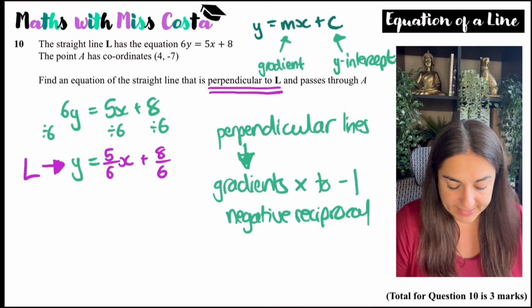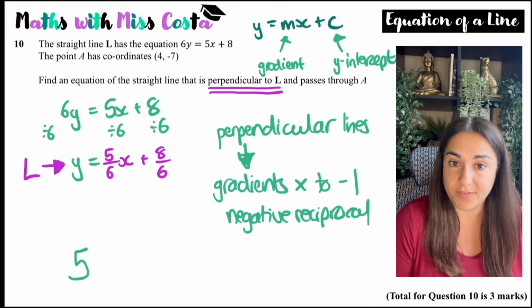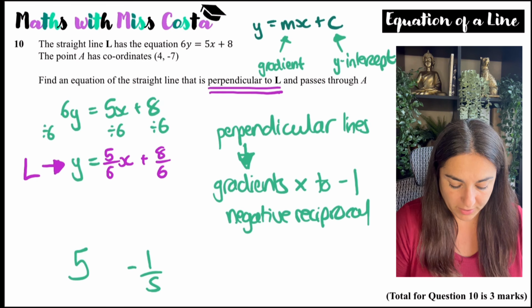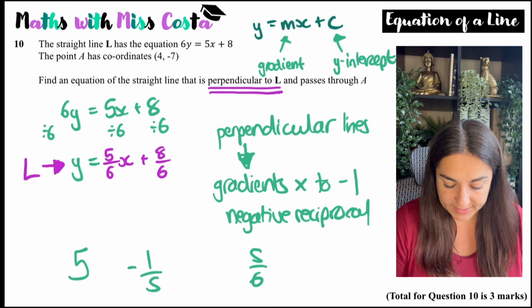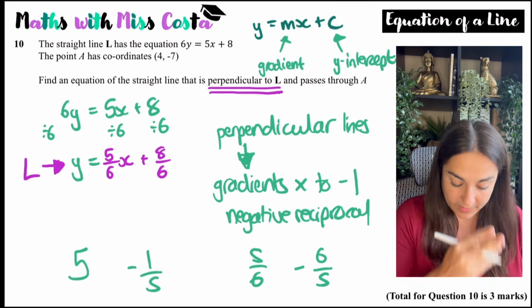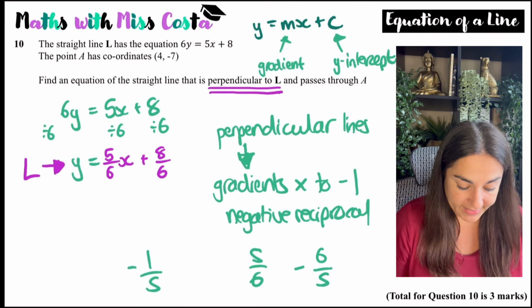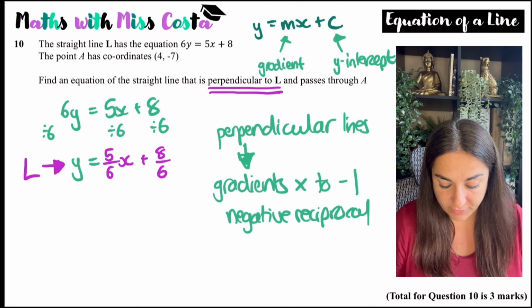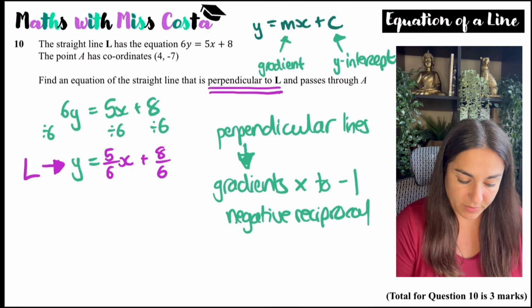All that means is, let's say you had a gradient of 5, the negative reciprocal would be -1 over 5. If you had a fraction like I do here, 5/6, the negative reciprocal, you flip the fraction and stick a negative sign onto it. So perpendicular lines always have gradients that are negative reciprocals of each other.